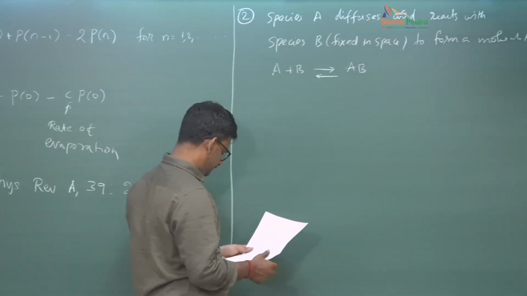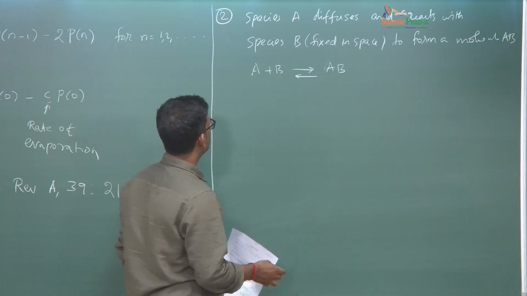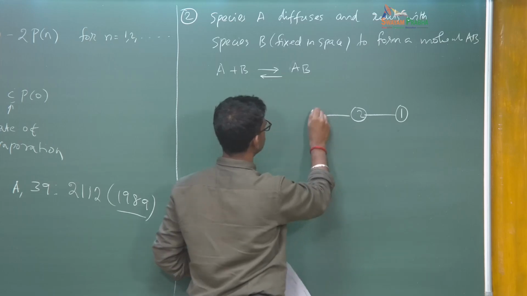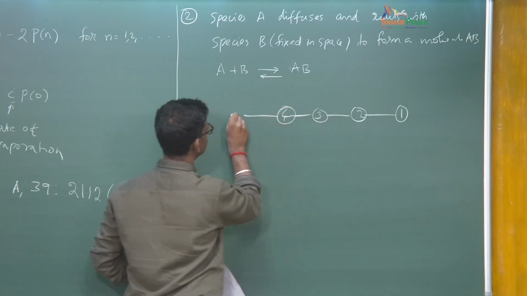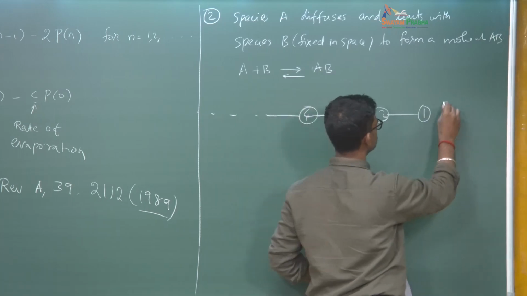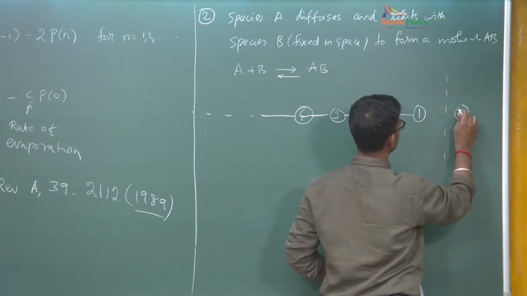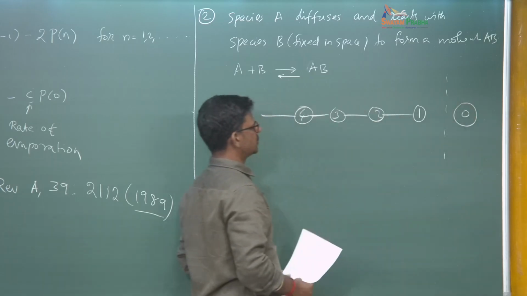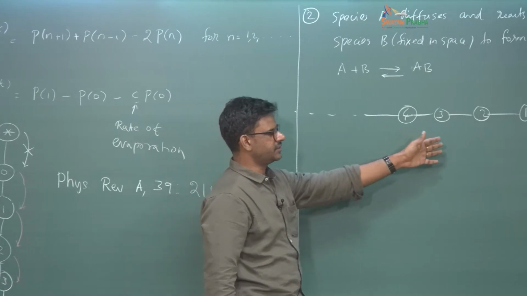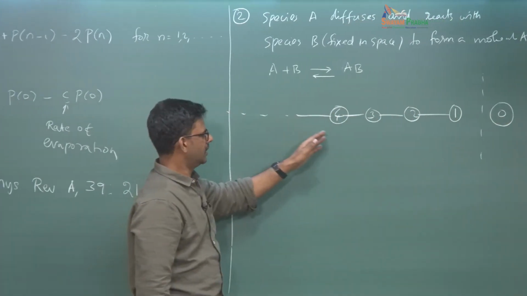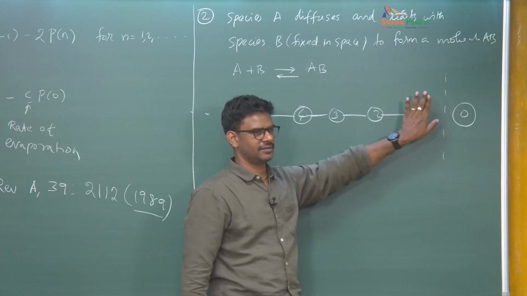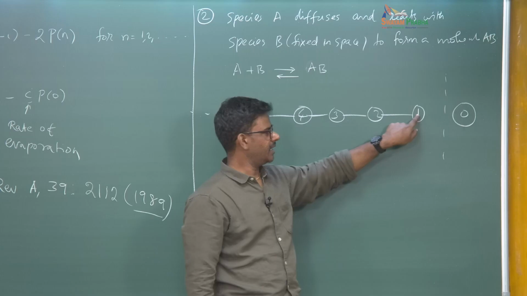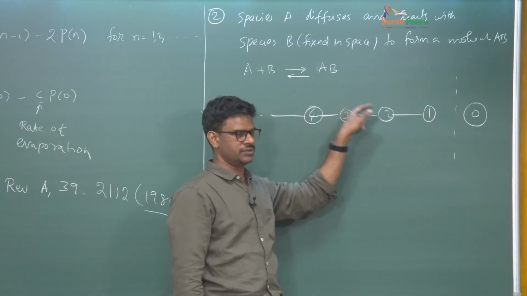So, the spatial domain is discretized into a one dimensional lattice here. So, this is the boundary, this is the last site, this is basically the interface. Molecule A can be anywhere here, it is kind of diffusing.